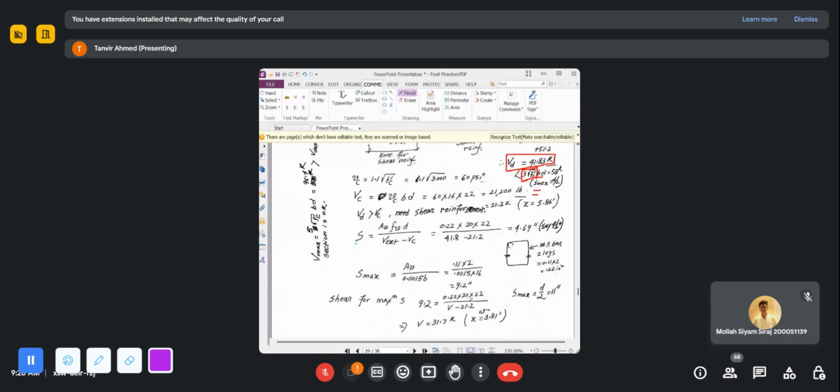So using this simple equation, the shear strength of concrete is 1.1 square root of FC prime, which is 60 psi. And the shear force that the concrete can take, the maximum shear force that the concrete can take is VC times BD. So you have to multiply this VC with BD. Okay. So the maximum shear force that the concrete can take is this much, 21,200 pounds or 21.2 kips.